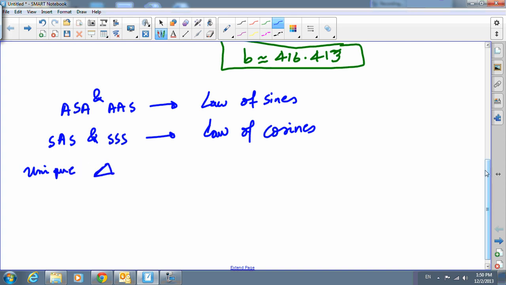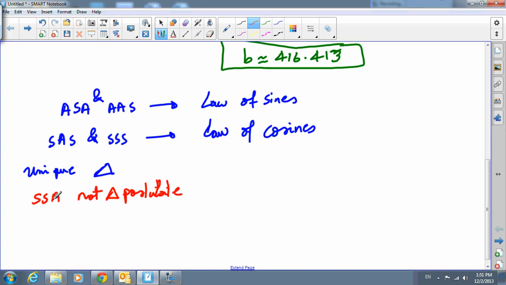All right, let's go ahead and check with the side side angle. What will happen if you have a side side angle? Well, side side angle is not a triangle congruence postulate. If you remember in geometry, this is not a triangle postulate.